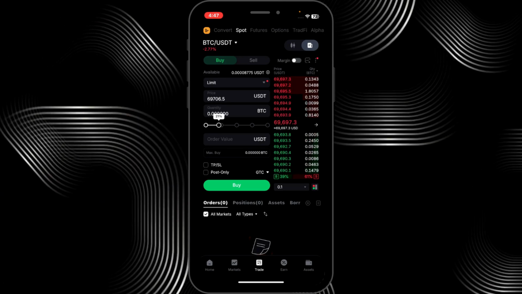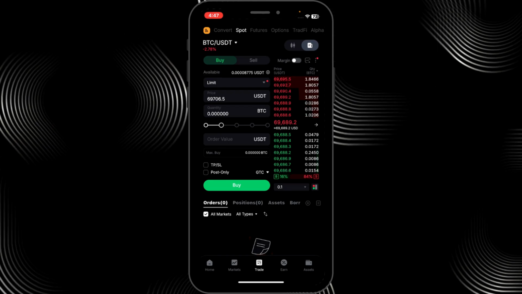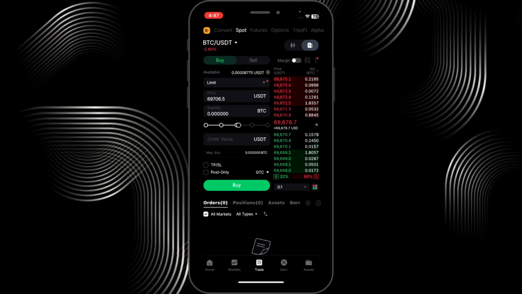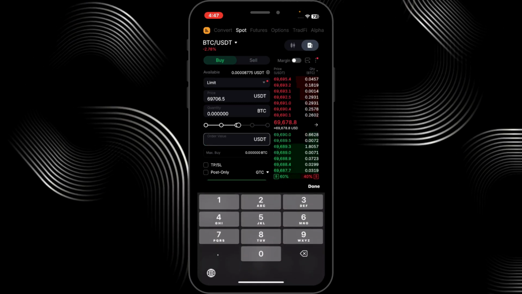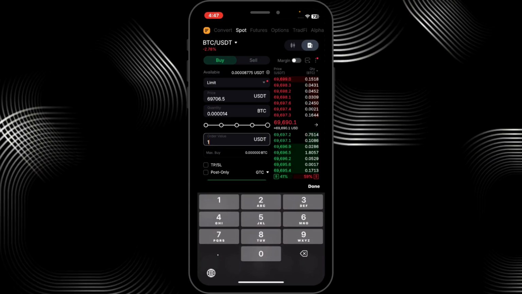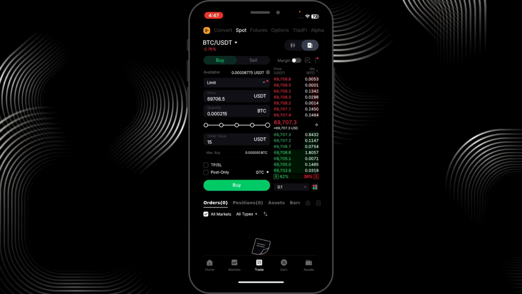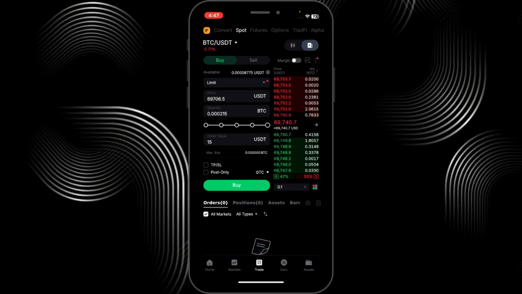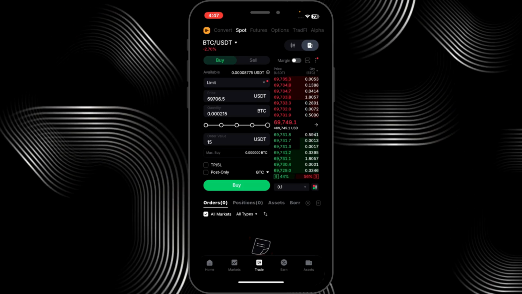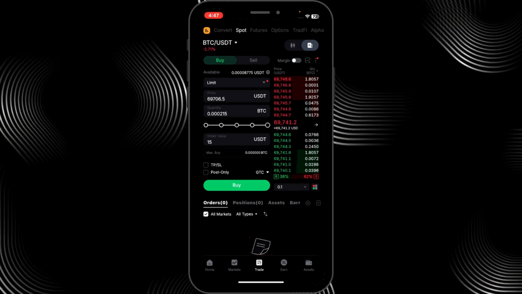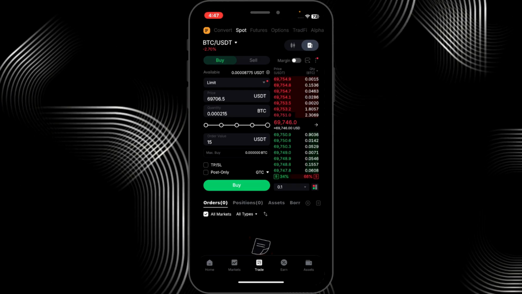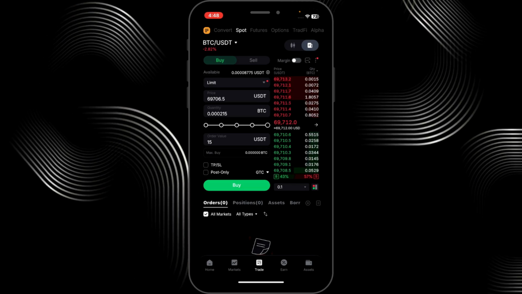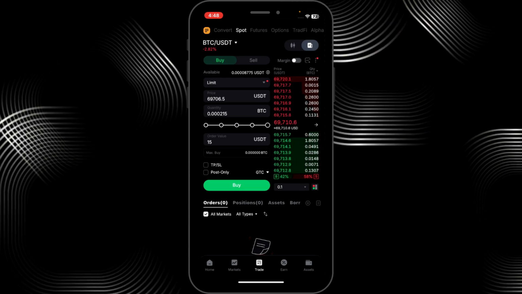I could just use a percentage, right, to buy Bitcoin, say 50%, and select the order value, let's say $15. This is the amount of Bitcoin that you're gonna buy if you enter the value in USDT. Of course, you can select buy or sell, but in our case we are buying, which means we are opening a long position.